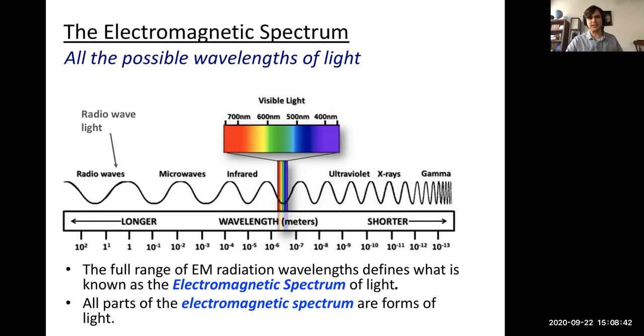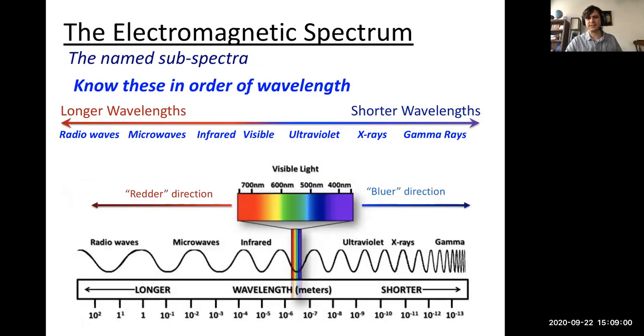So yes, I do expect you to remember radio wave, microwave. This is going from longest wavelengths to shortest wavelengths. Infrared light, visible light, ultraviolet light, X-ray light, and gamma ray light. And this is in the notes, just to really emphasize, yes, for exam 1, you better be able to put these in the right order.